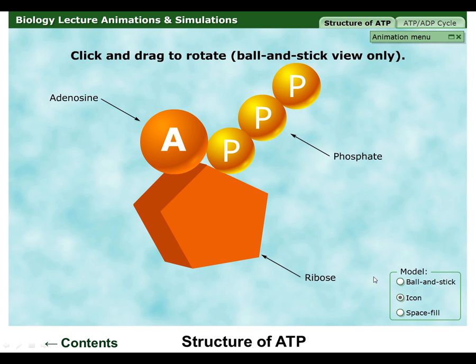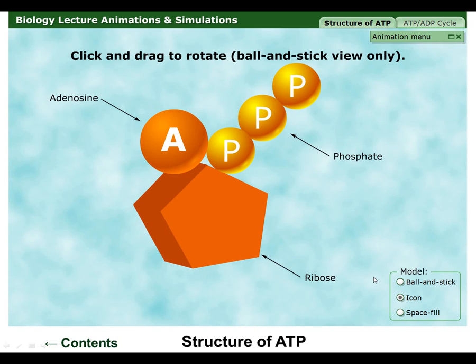Also, in addition to adenosine, there is what? Ribose. What is ribose? It's a sugar. That's very good. How many carbon atoms does ribose have? 5. A lot of times I'll abbreviate it just 5-C, representing a 5-carbon molecule.